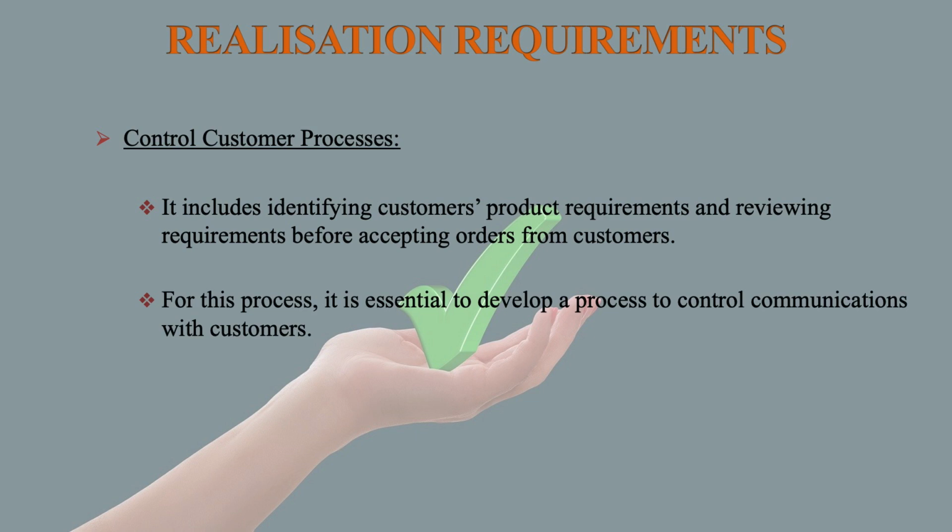For this process, it is essential to develop a process to control communications with customers. So here we need to develop a good control or communication system so that we can get the correct feedback from the customers, and then only we can accept the customer orders. That is the control of customer processes.